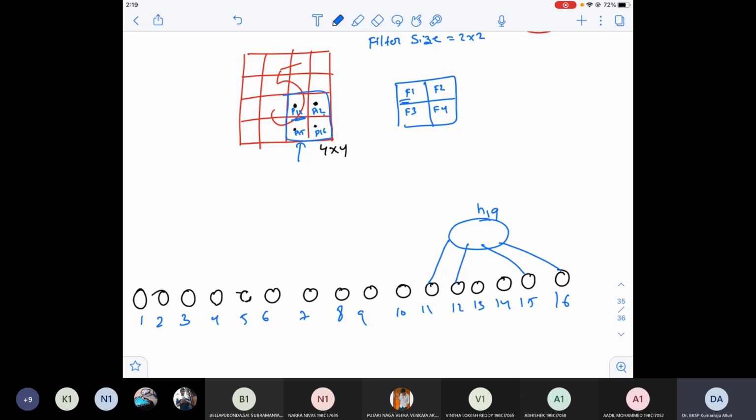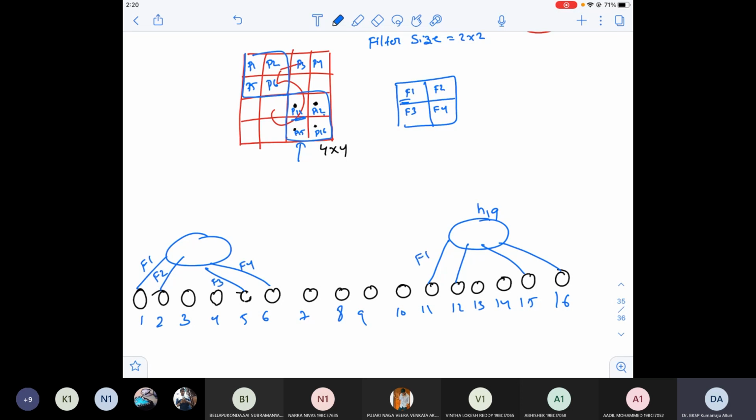You understood, guys? If I do the convolution operation here, this is pixel 1, pixel 2, pixel 3, pixel 4. Oh sorry, it's not pixel 3, pixel 4. Pixel 3 here, then P4, P5, P6. That means 1, 2, 5, 6. I multiply these with the filter weights. The filter weights are F1, F2, F3, F4.